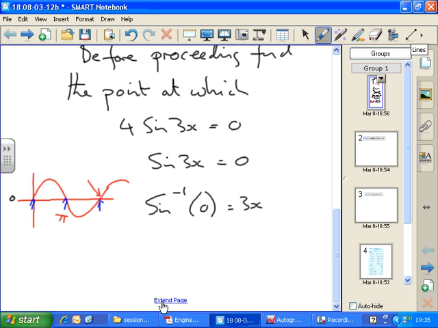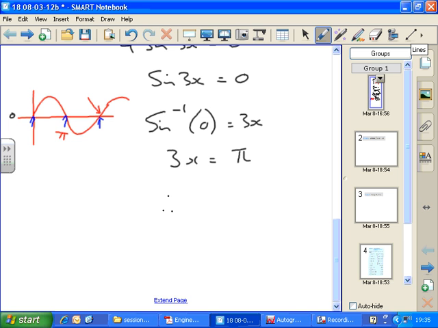And so we can say that the sine is 0 when 3x equals pi. So therefore x equals pi over 3 is the point at which the sine drops to 0.